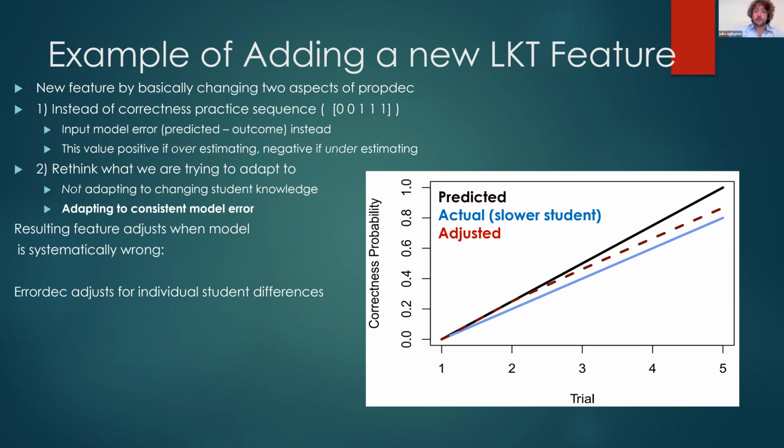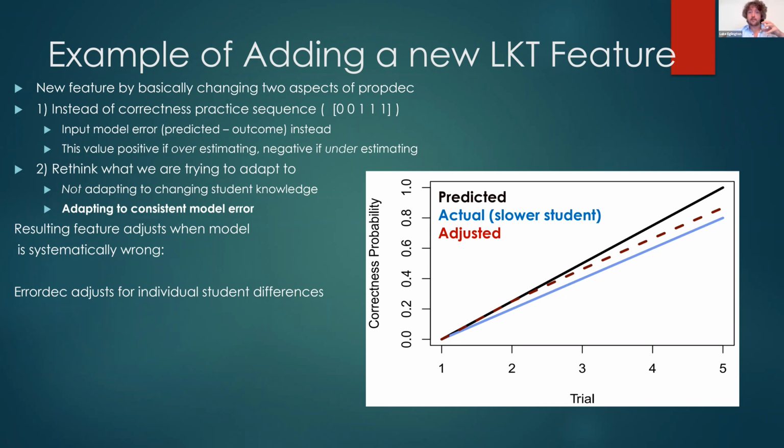So that's the blue line here. The student's learning a bit slower than expected. We're going to have consistent discrepancy over time if you take the prediction minus the outcome. And the dashed red line is if you incorporate this error deck, where you're tracking how consistent the discrepancy is over time. We're consistently overestimating their learning, so we're going to adjust for that.